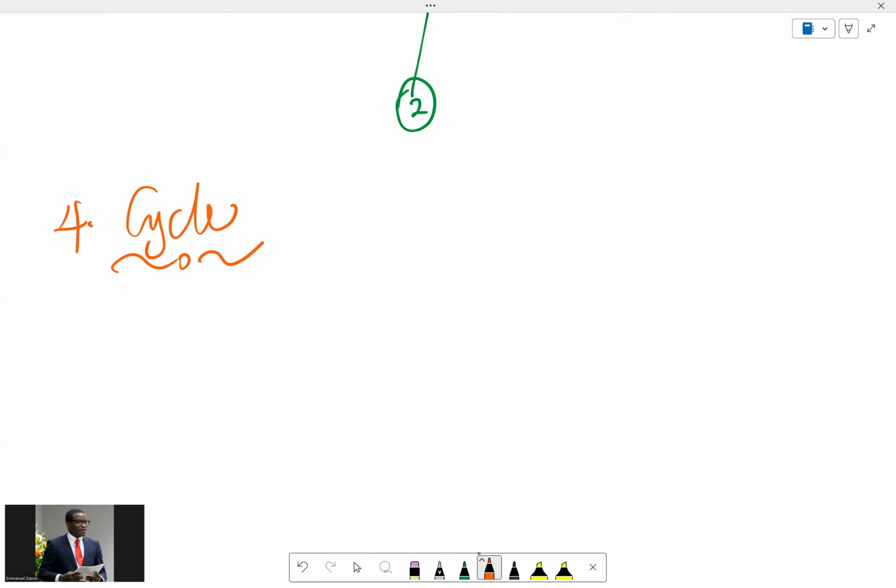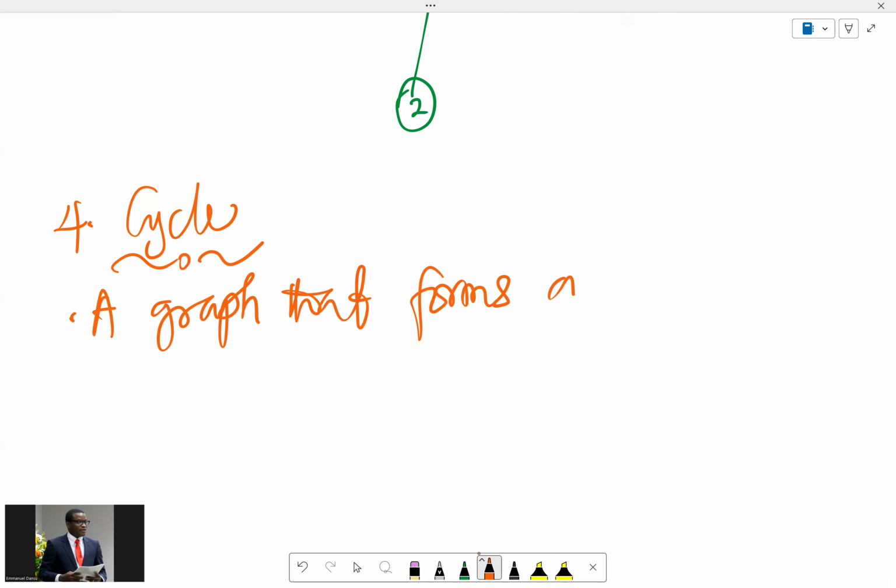A cycle is actually a graph that forms a closed loop.